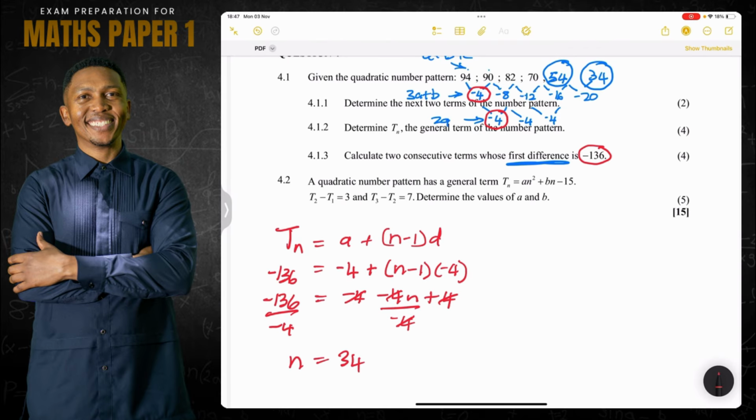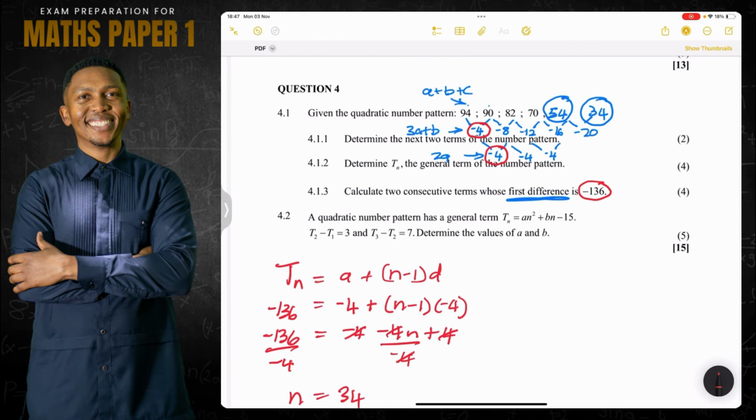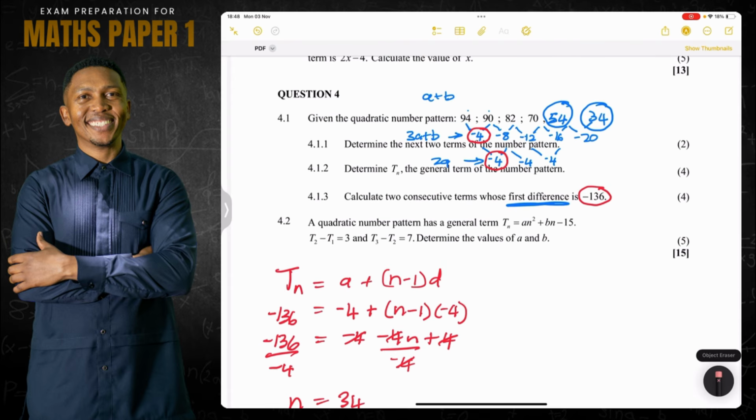Now, please, I want you to stay with me. I want you to note in this case that the difference between T2 and T1 gives me the first term of my arithmetic sequence, of my first difference.